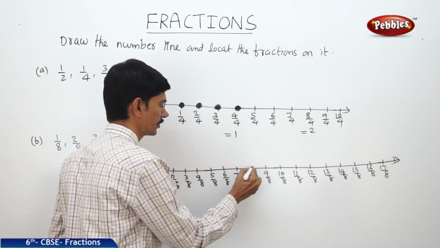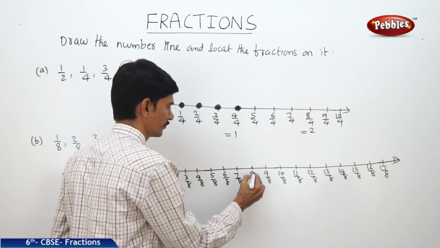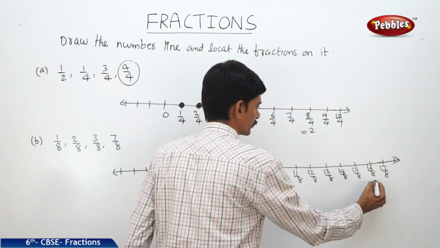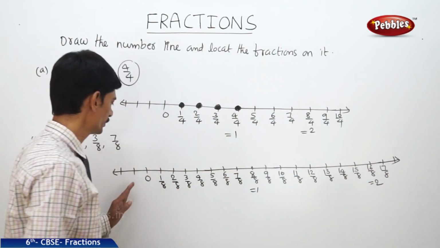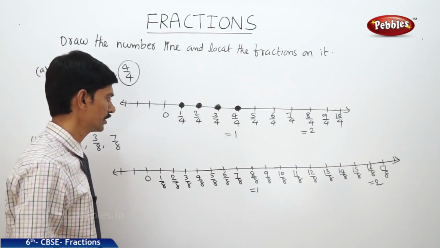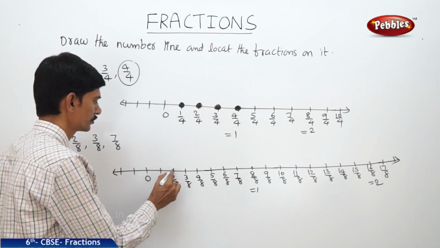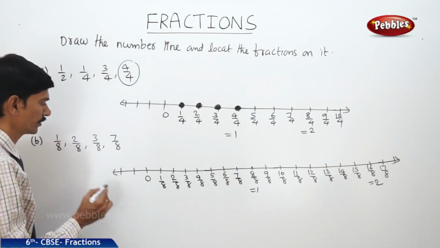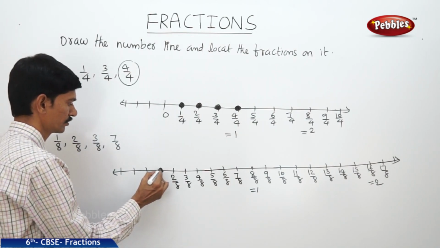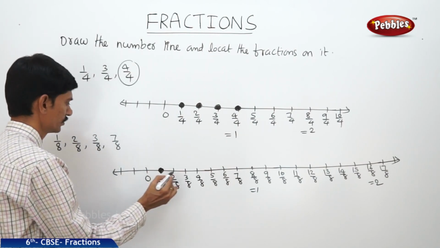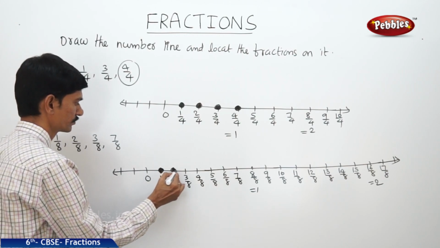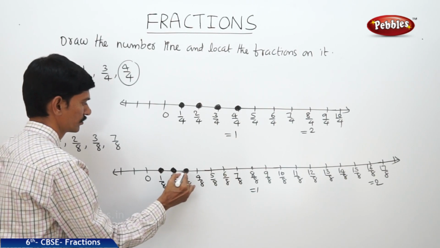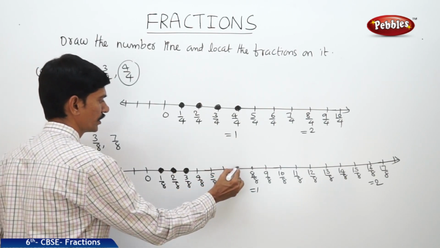Here 8/8 represents 1 and 16/8 represents 2. So between 0 and 1, there are 8 equal parts: 1, 2, 3, 4, 5, 6, 7, 8, and we want 1/8. So this is 1/8, then 2/8, then 3/8, then 7/8.